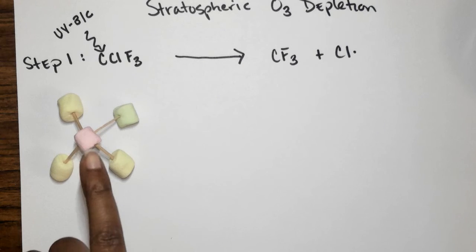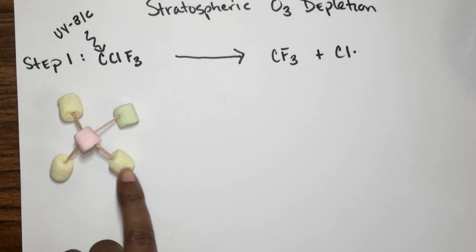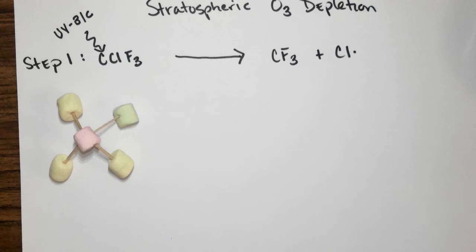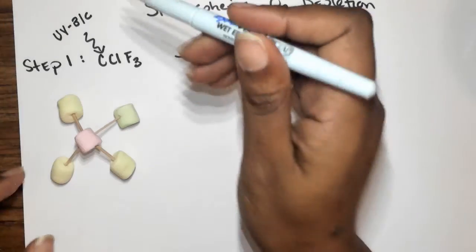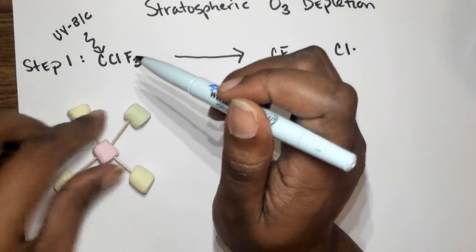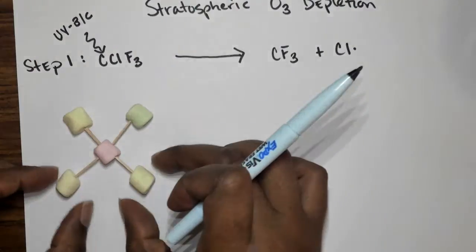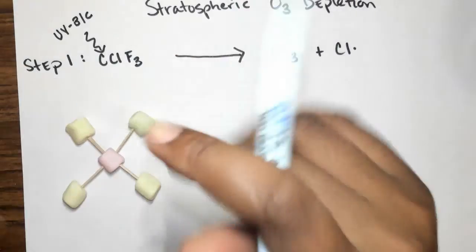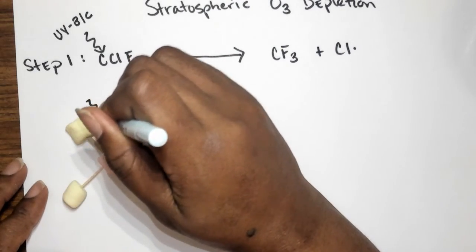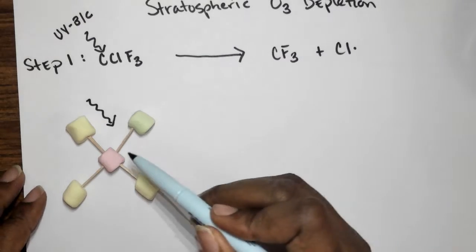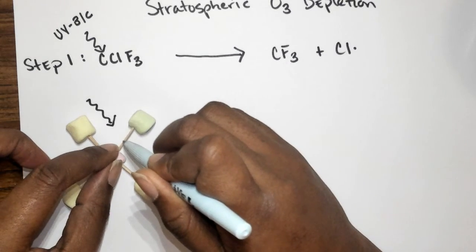Okay, so here's my carbon in the middle, right? These are my fluorides. And this is my 1 chlorine. Alright, so what happens here is that the sun is going to go ahead and break this bond here.